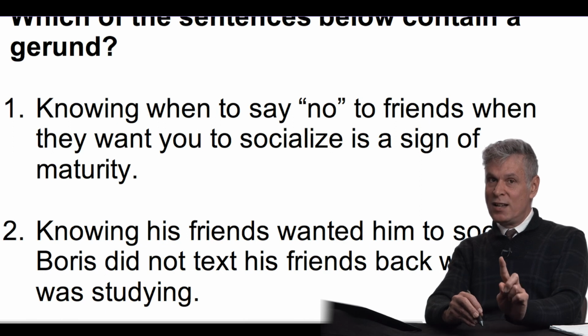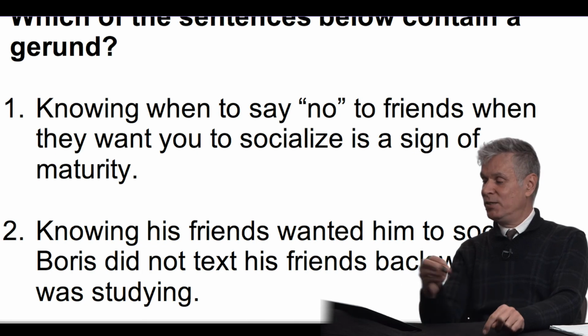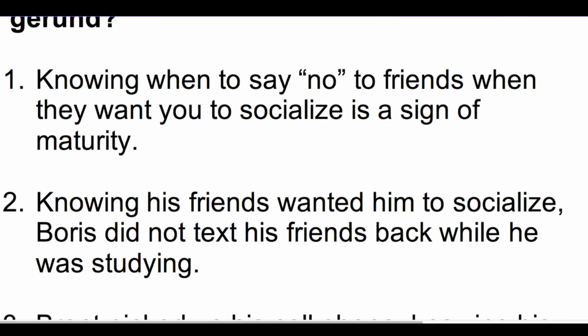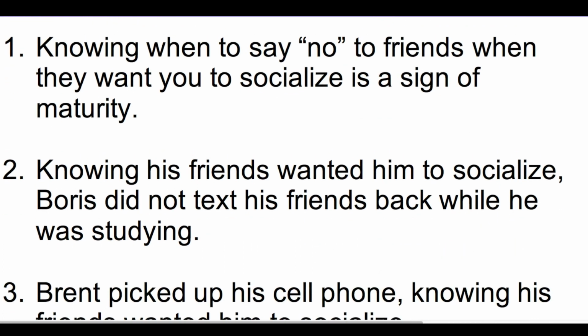Is knowing a present participle or gerund? Number 2, knowing his friends wanted him to socialize, Boris did not text his friends back while he was studying. Boris is very smart. So is knowing in this case a present participle or a gerund?